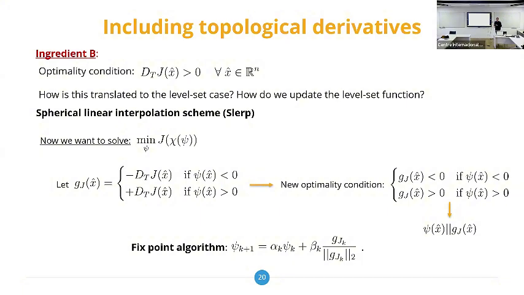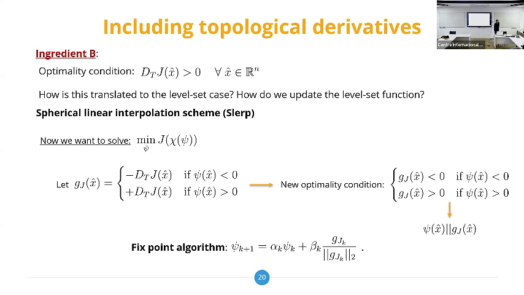And we solve this with a fixed point algorithm. This is basically an interpolation of the level set in a manifold between the level set in iteration k, our current iterate, and the topological derivative in our current iterate. We are interpolating in this manifold the new level set, and we keep repeating the process until convergence. This is used to find a minimum point for some functional j, so an unconstrained minimization problem.